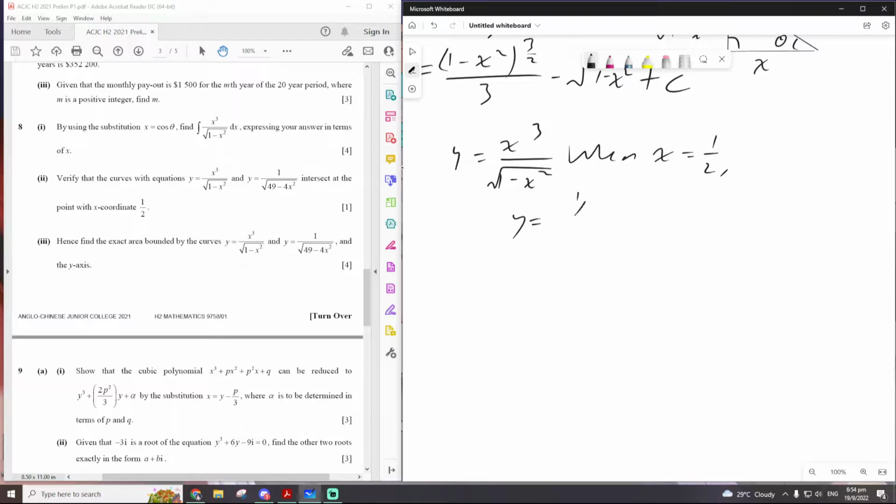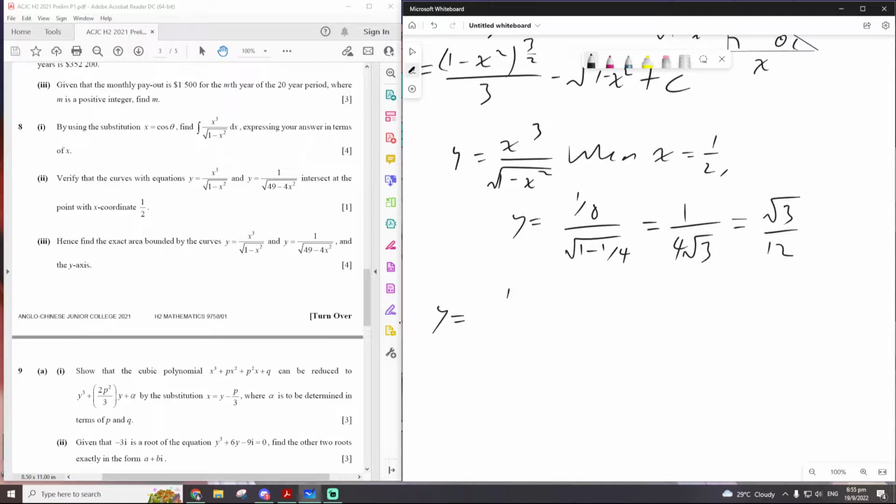This is 1 over 8 divided by square root 1 minus 1 over 4, which is 1 over 8 times 2 over root 3. So 1 over 4 root 3. If you want, you can write this as root 3 over 12.